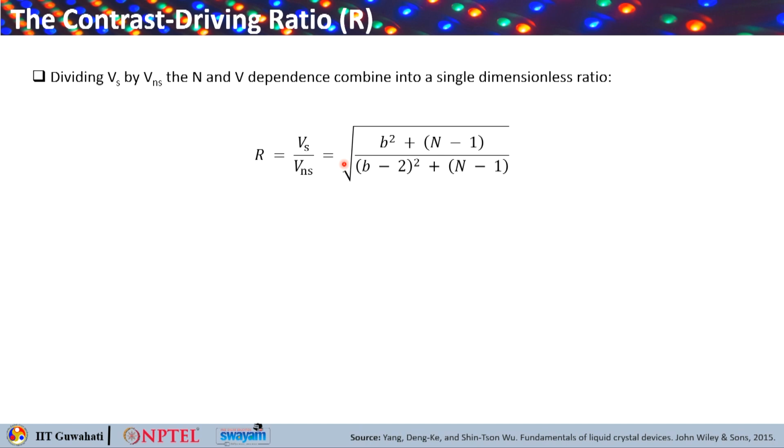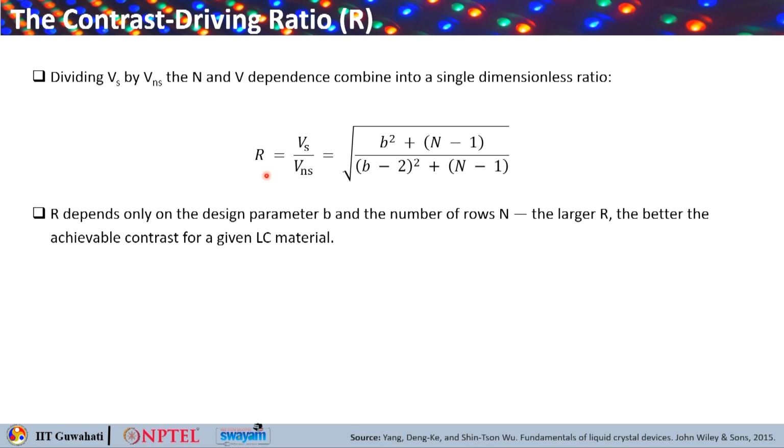You can also see that it is basically the square root of (b square plus n minus 1) divided by ((b minus 2) whole square plus n minus 1). So you are basically dividing Vs by Vns, and n is the number of rows. These things get into a single dimensionless ratio, that is R.